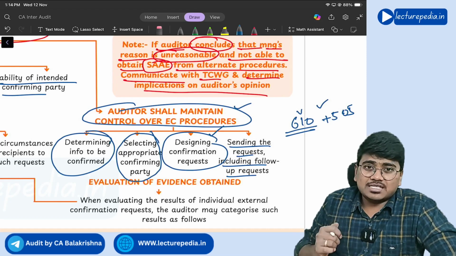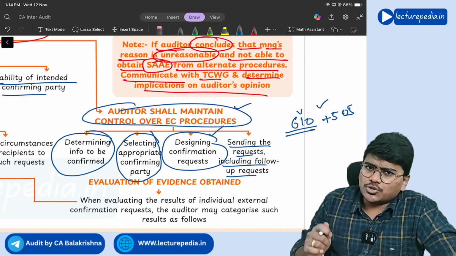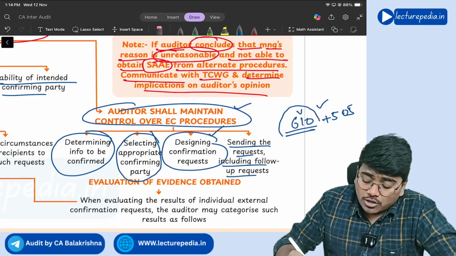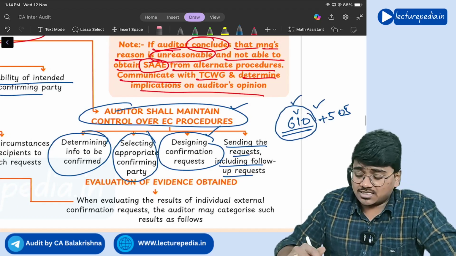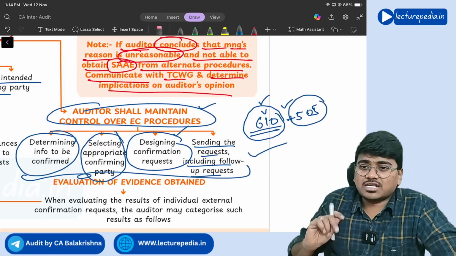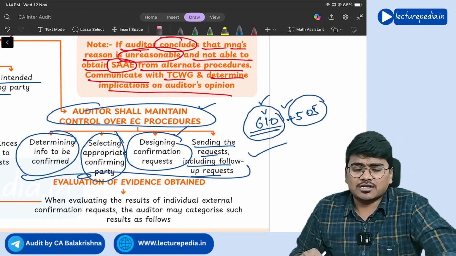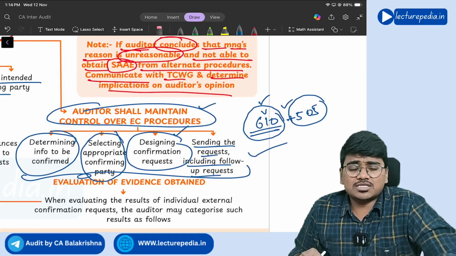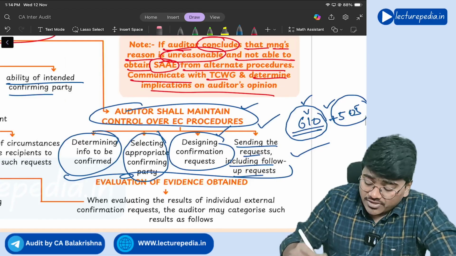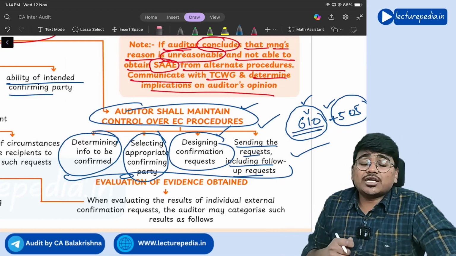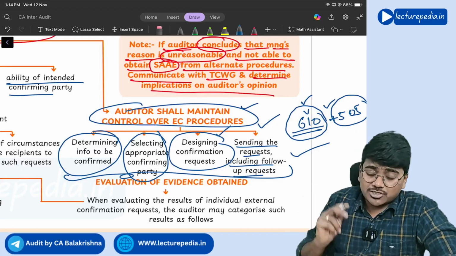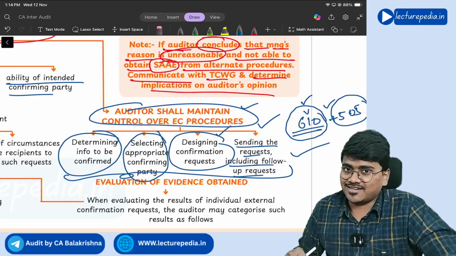They will ask whether the statutory auditor can use direct assistance of the internal auditor as per SA 610 with respect to these particular aspects of external confirmation. The answer is he should not use the direct assistance of the internal auditor, because on these things the statutory auditor should exercise complete control. He himself has to perform these things. Getting it?